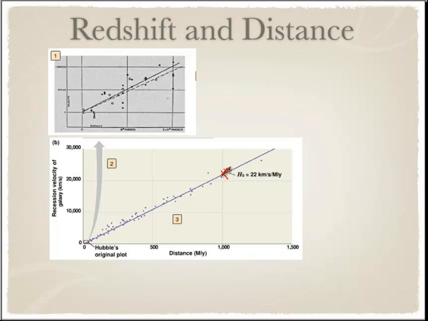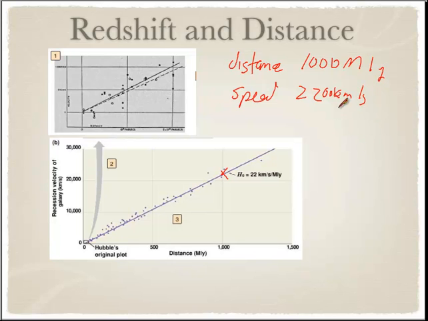Its distance away from us is 1,000 mega light years, and its speed away from us is 22,000 kilometers per second.